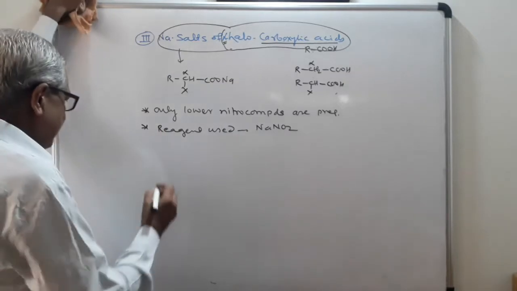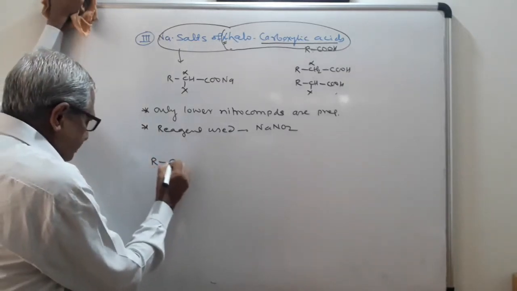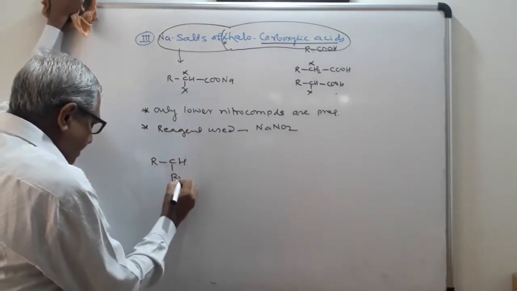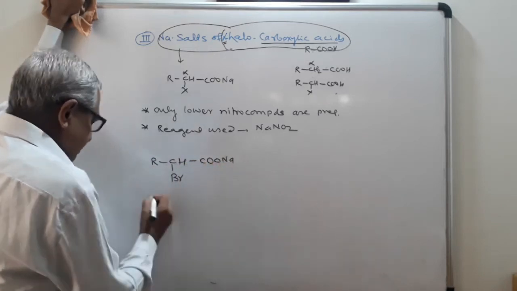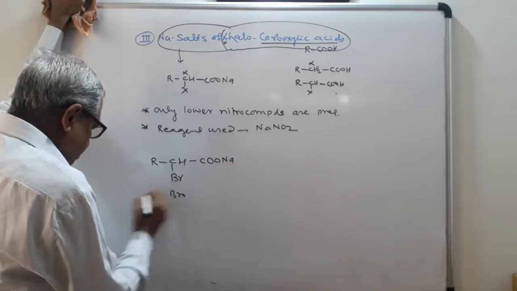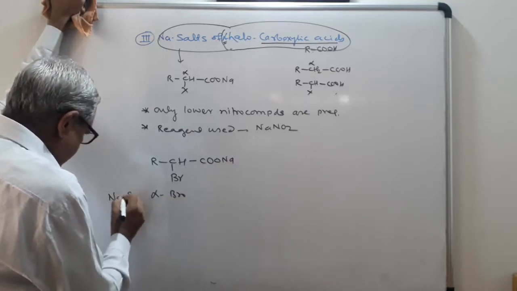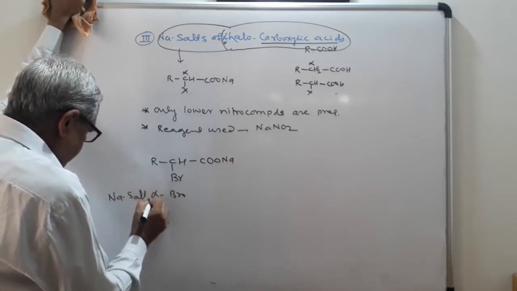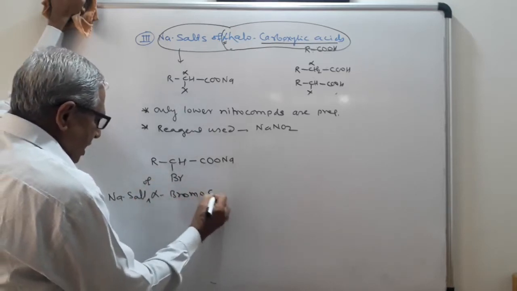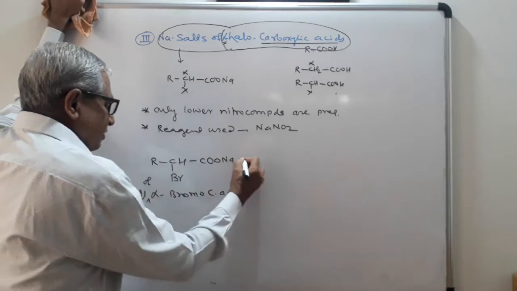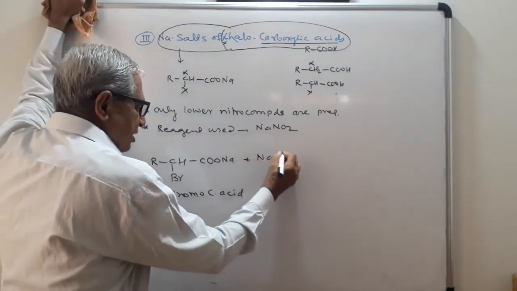See the reaction here, RCHBrCOONa. This is the sodium salt of alpha bromo carboxylic acid. You will do the reaction with NaNO2.